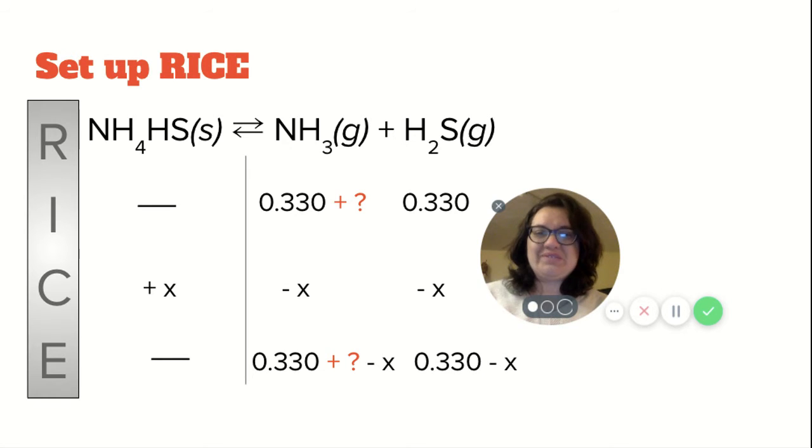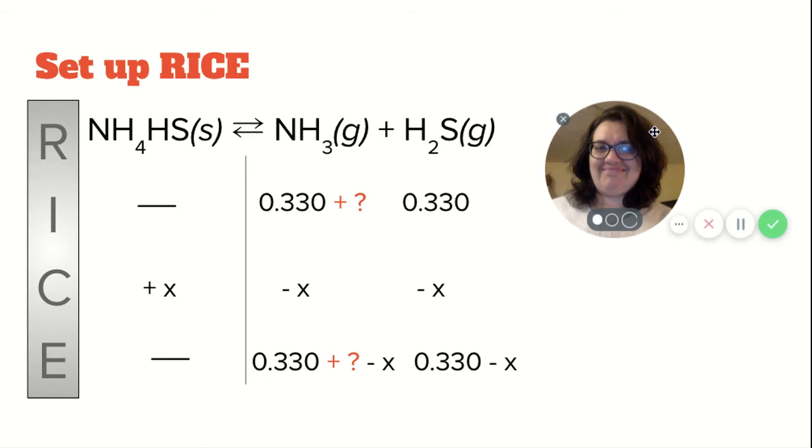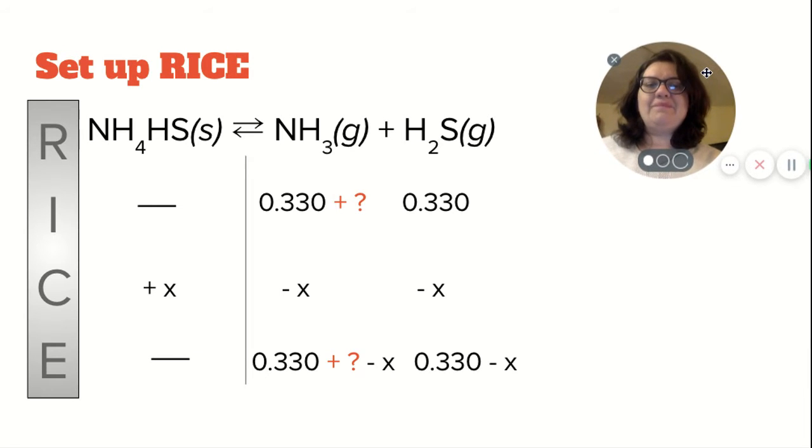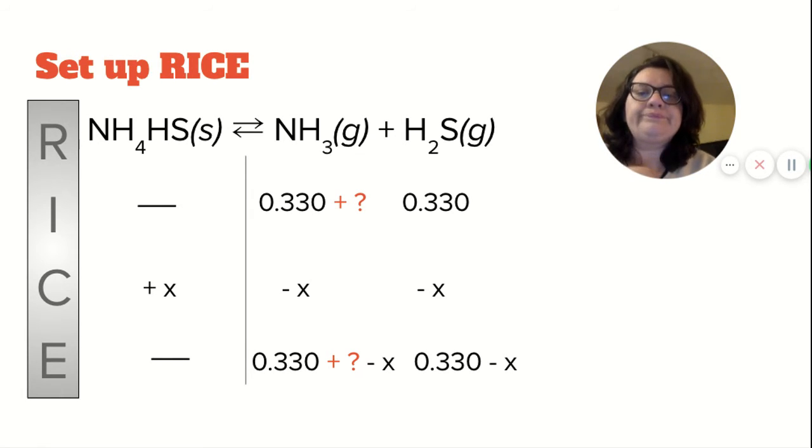But I don't really know how much was added. And that whole adding the plus X on the side of the solid still makes me uncomfortable because these numbers are partial pressures. So I'm not super happy with this setup, but at least I know what's happening. I can picture what's happening.